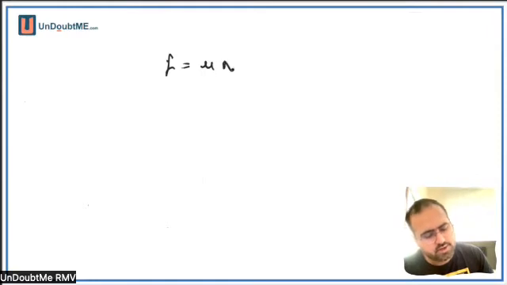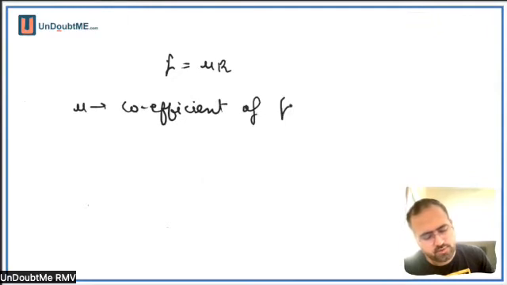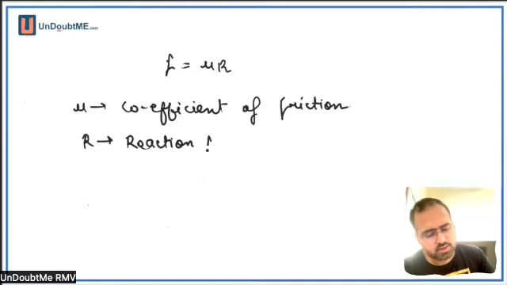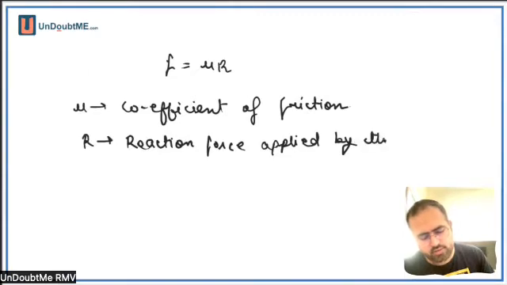Force of friction is written as mu R, where mu is called the coefficient of friction, and R is the reaction force applied by the surface.